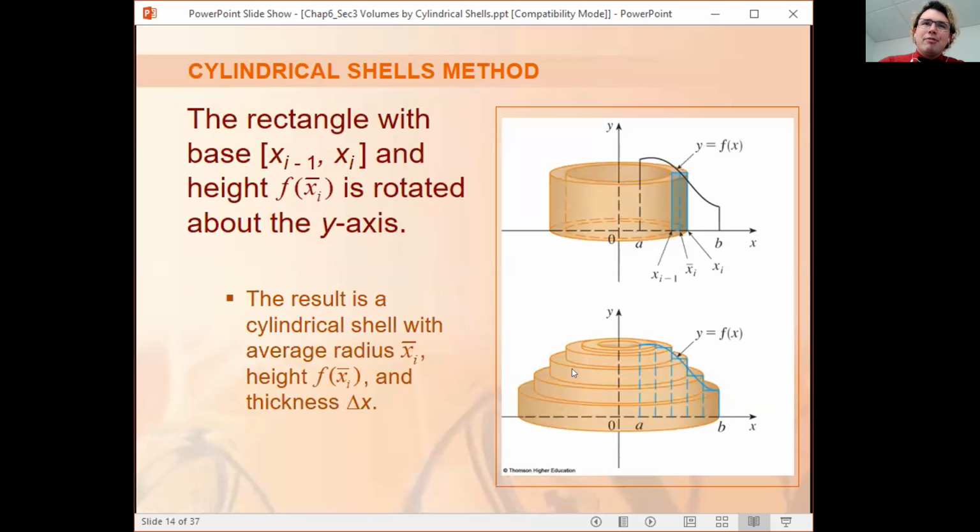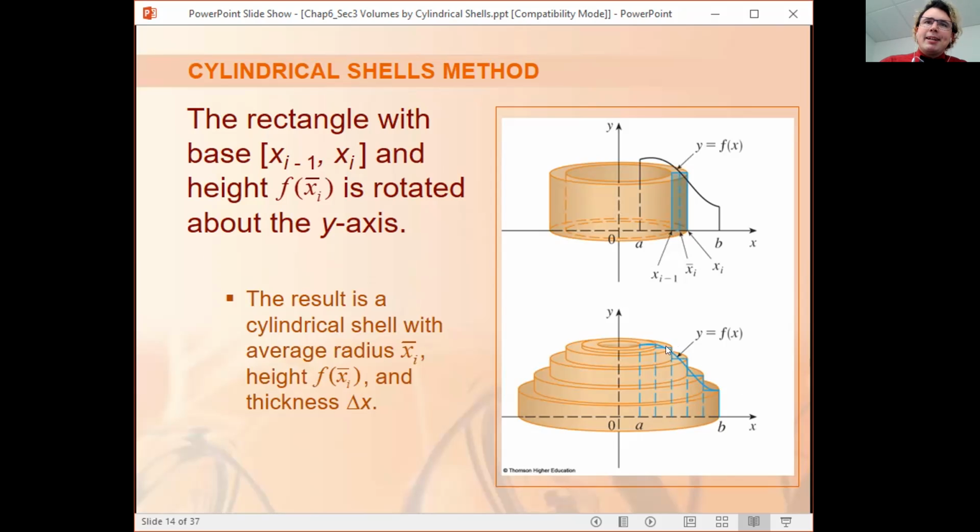So for each one of these cylinders, I need to calculate circumference, height, and thickness. Well, thickness is governed by my delta x. That's just the width of the interval I'm taking. Height is governed by my f of x. I am building these cylinders to be f of x units tall.